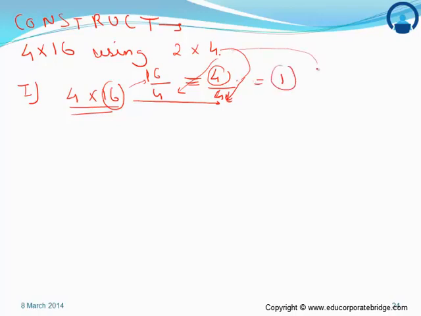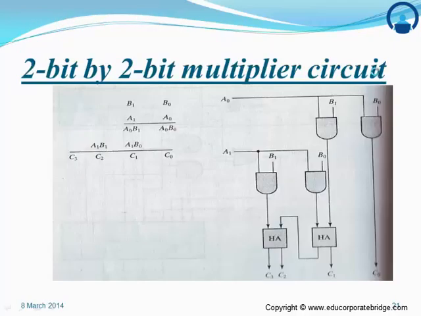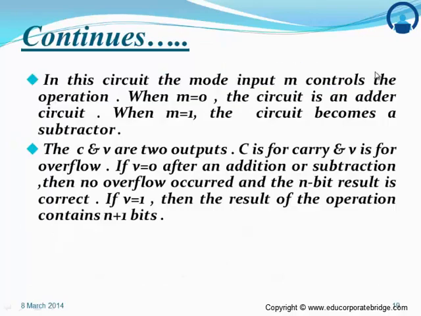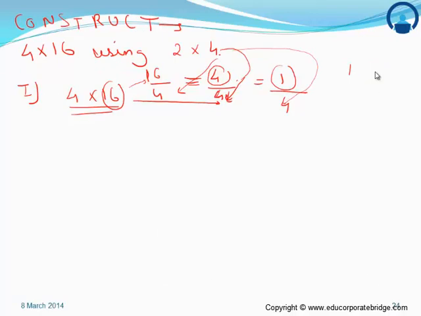Now we try to divide 1 by this 4. But since 1 is less than 4, we cannot divide 1. Therefore, 1 divided by 4 is written as 1 itself.